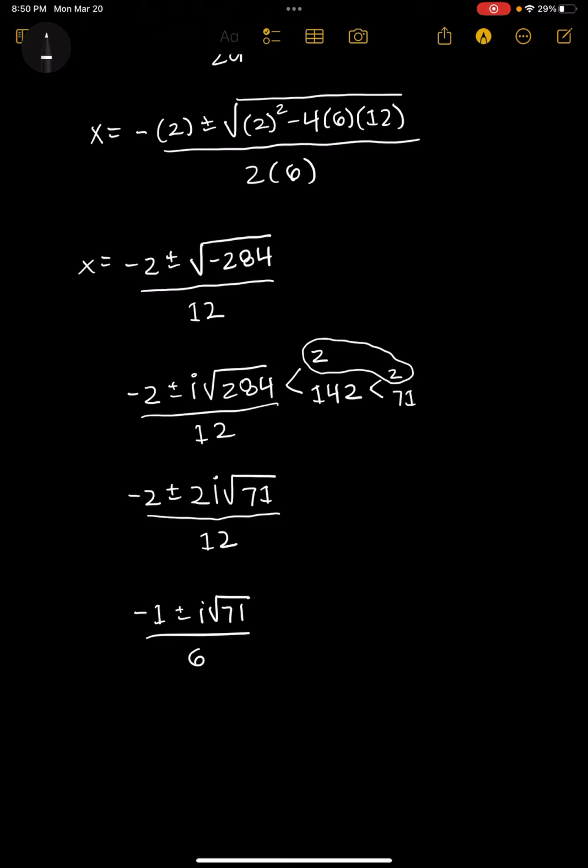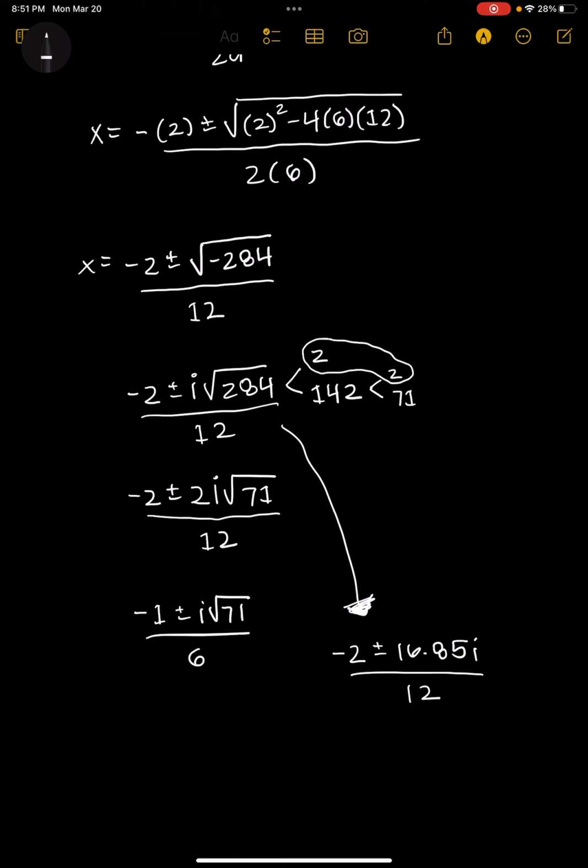If you are really nervous about doing the simplification of radicals, you could start from right here. Now, your answer still has to have i in it. It's not going to be just a pretty decimal number, but what we can do is say, well, the square root of 284 is approximately 16.85. So I could write it as negative 2 plus or minus 16.85i over 12.